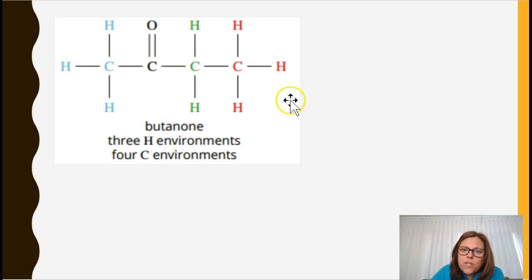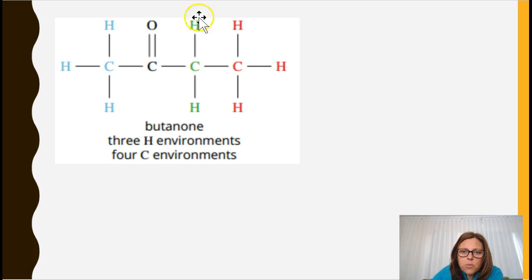Whereas these hydrogens, yes, they're a CH3, are attached to a CH2 group, which is further away from that carbonyl group, which will then affect that chemical environment. So they're not equivalent. They will be two different hydrogen chemical environments.